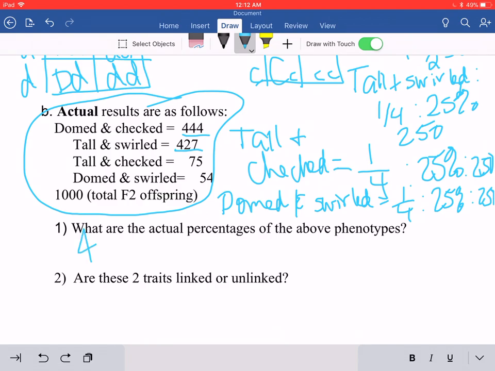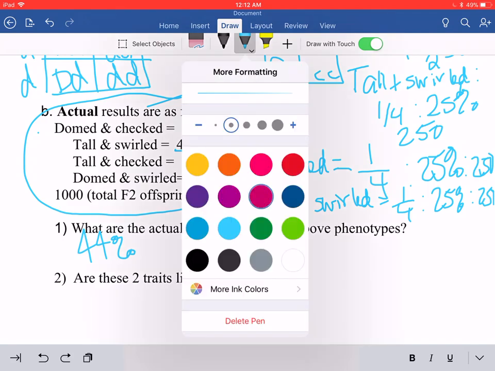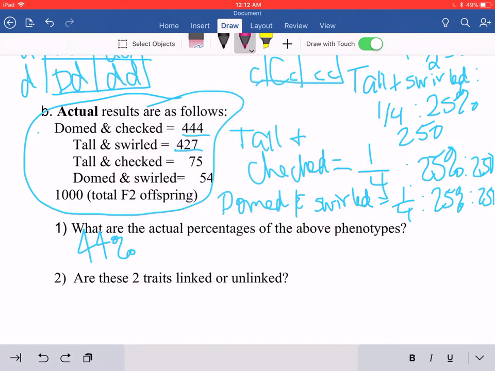And so we're going to get just about 44% for this first trait. I'll only write it right here. We're going to have about 44%. For the tall and swirled, we're going to have about 43%, if we divide 427 over 1,000.